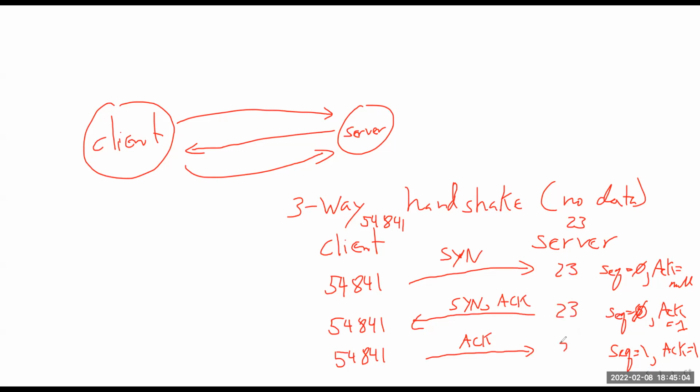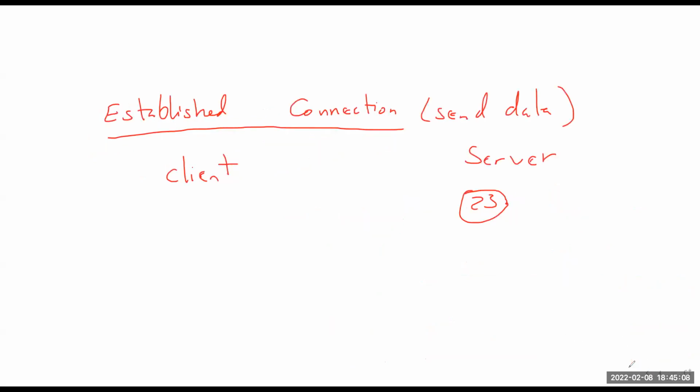We were talking about telnet, but 80 would apply. This is all TCP. And then we continue with 54841 just to continue with this exercise. Now you have an established connection.